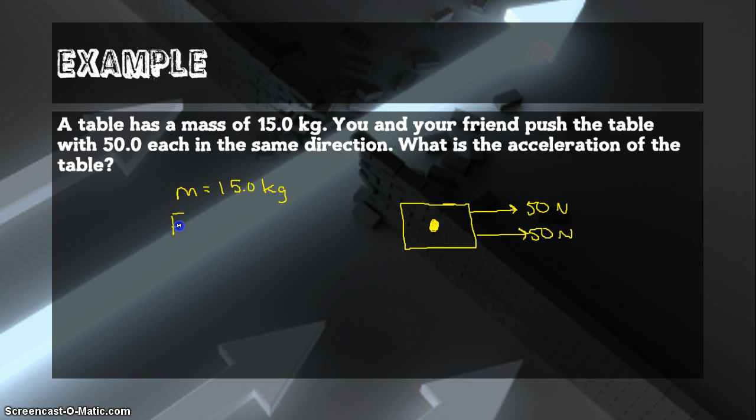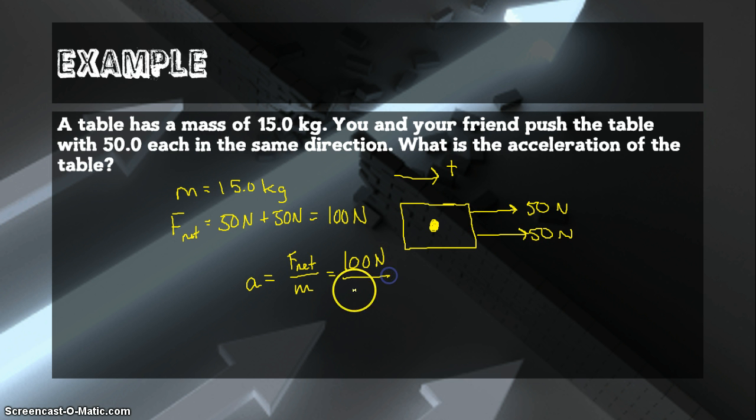Well, first we need to find the net force. In order to find the net force, we have to add all the forces on the box. So I'm going to call the right the positive direction. We're going to add those two 50 newtons, and we get 100 newtons. So my acceleration is the net force over the mass, which is 100 newtons over 15.0 kilograms.